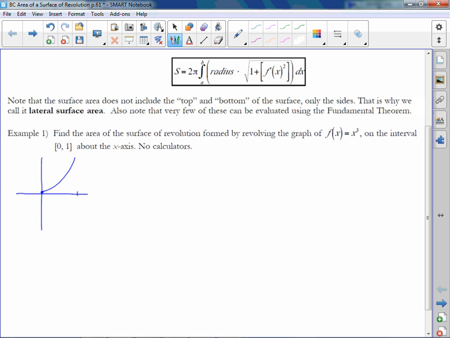Okay, so that's 1, and we revolve it about the x-axis. We're revolving this thing. It looks kind of like a curved cone.